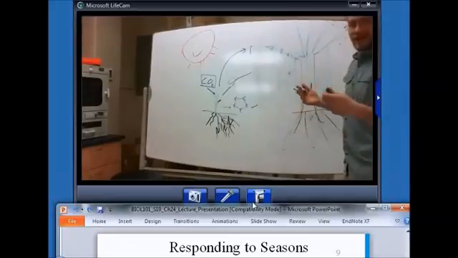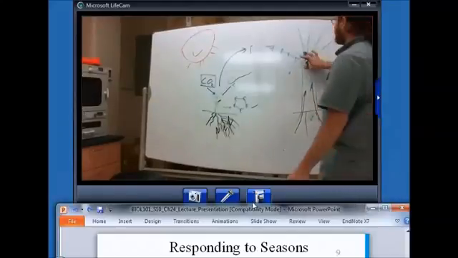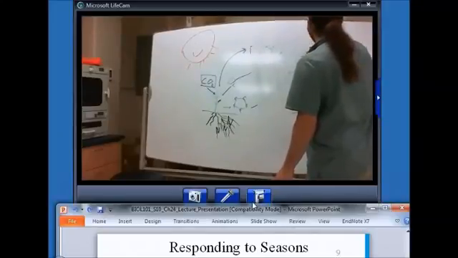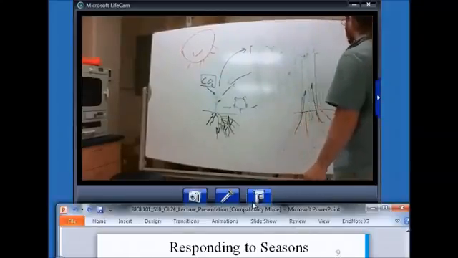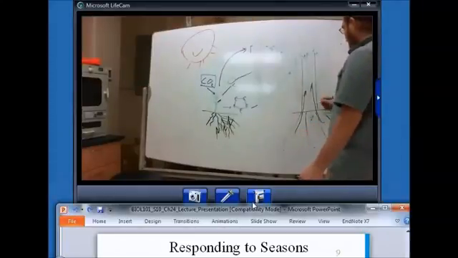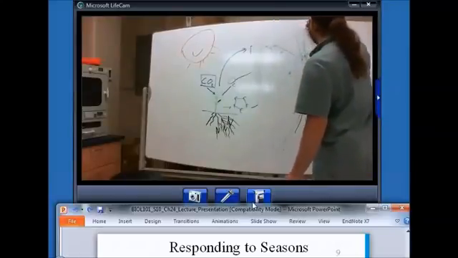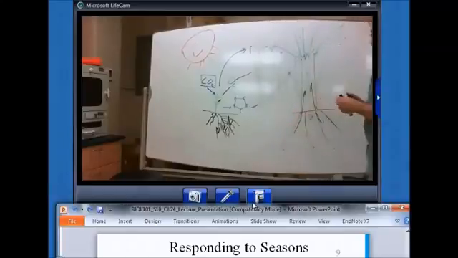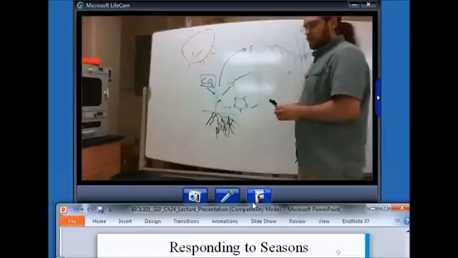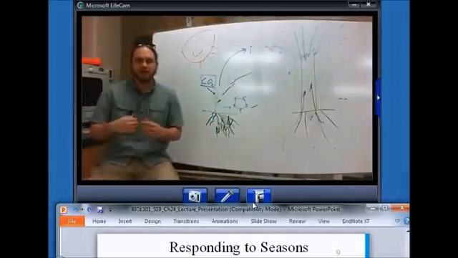Just like you need energy to stay alive, even if you're not doing anything, the tree benefits by simply losing these leaves, saving the energy, storing it in its roots and stems, and then the next year, when the season starts up, it uses this energy that was stored down here to regrow its leaves. You can almost think of this like trees hibernate. What the trees are doing is they are avoiding a time when resources are scarce.